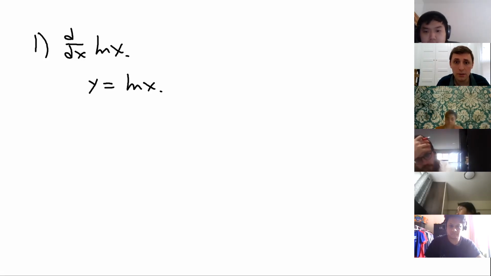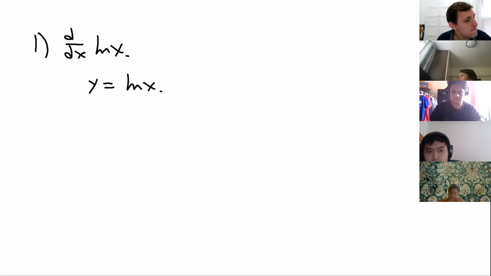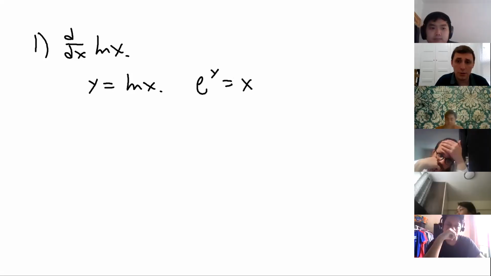Was it difficult? The next part is e to the y equals x. You see why that is a good strategy?